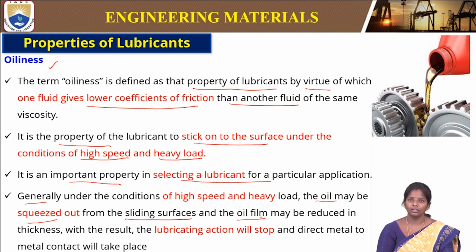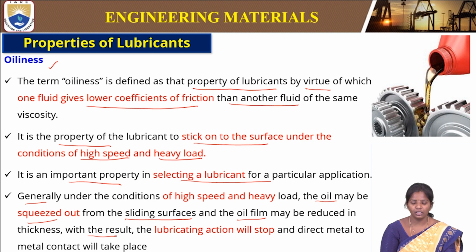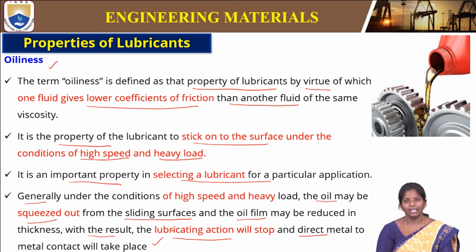So the thickness of the oil film present between these two surfaces will be reduced. With this result, what happens? The lubrication action stops, because there is no more lubricant present between these two metal surfaces, and direct metal to metal contact will take place.